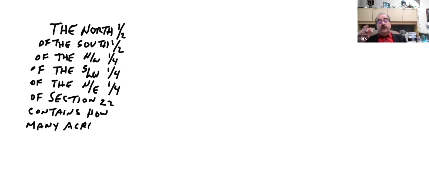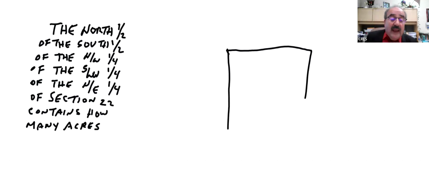Now, I'm going to draw this out for you. Not that you need it, but sometimes having a visual will help. So, a section is 1 mile by 1 mile, contains 640 acres. So this is a section. 1 mile by 1 mile contains 640 acres. So I have the section right here.